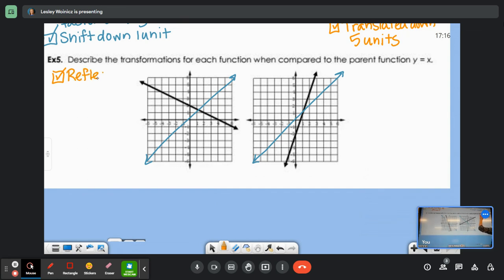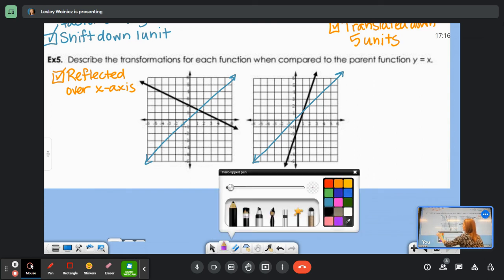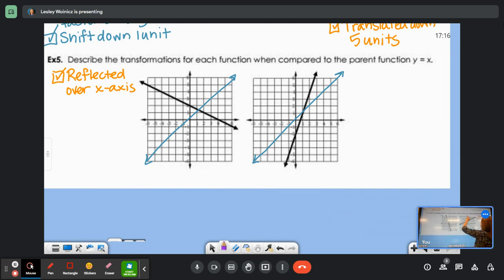Reflected over x-axis. Okay, next I can see that it is less steep than my parent. So I'm going to check my slope. I need 2 pretty points. It's going to go down 1, right 2. Okay, so I know that my m is negative 1/2.